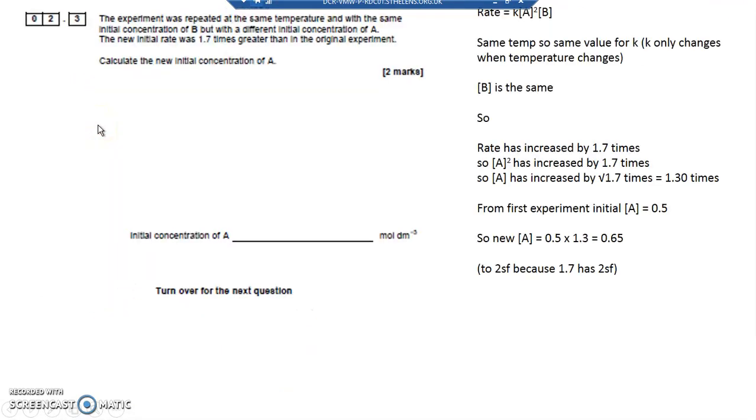So A initially in the first experiment is 0.5. Now it's gone up by 1.3 times, so I'll multiply 0.5 by 1.3, giving 0.65, and it's to two significant figures because 1.7 is to two significant figures.